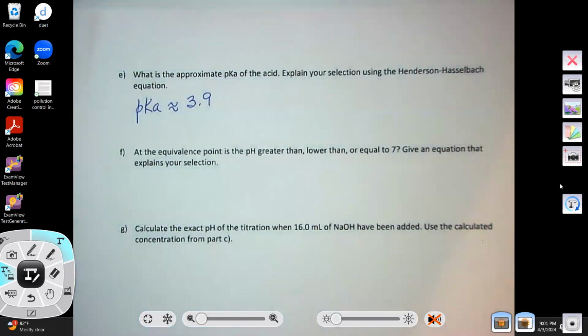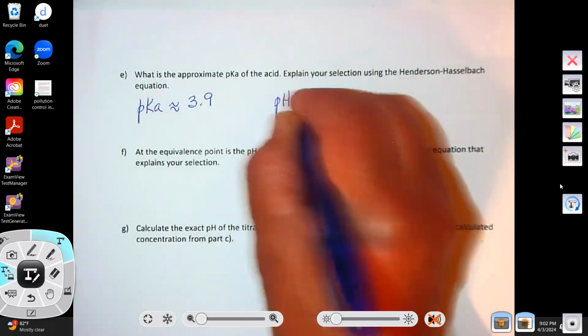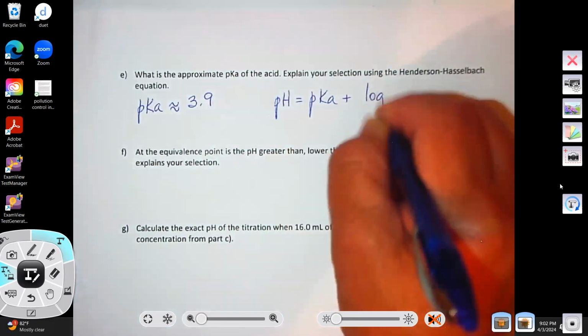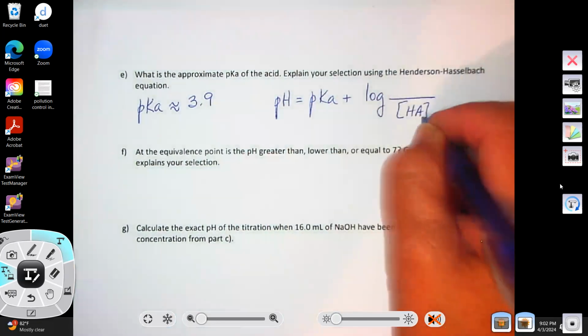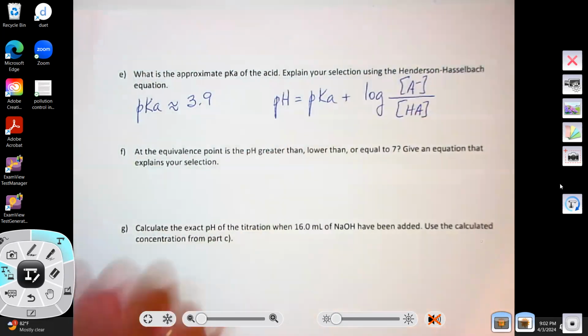Now, the reason why you could do that is because of the Henderson-Hasselbalch equation, which looks like this. This is the concentration of the acid at equilibrium, and here is the concentration of the conjugate base at that position on the graph.